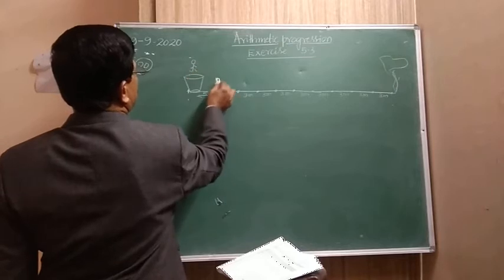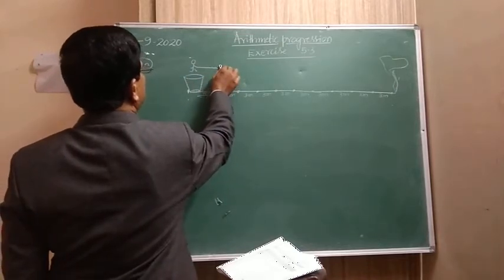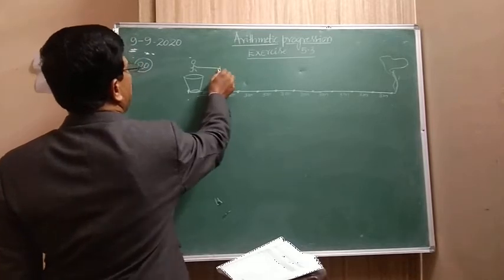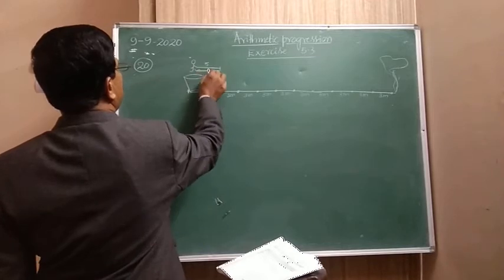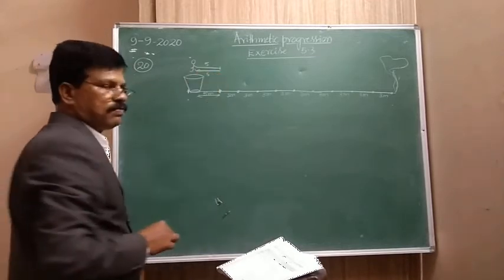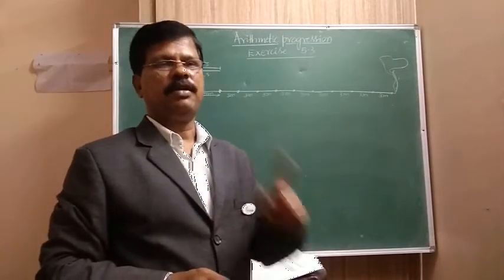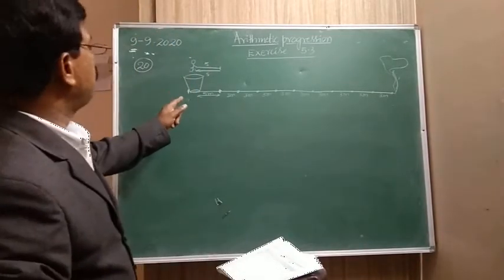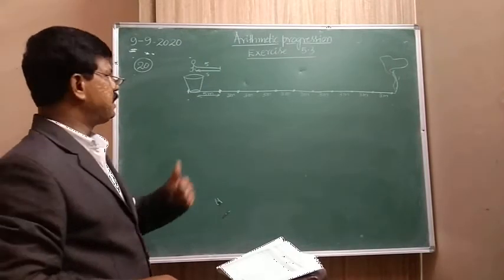He starts and moves 5 meters and picks up the first potato and again moves back. So total distance traveled is 5 plus 5, which is 10 meters. See, for the first potato he runs 10 meters.